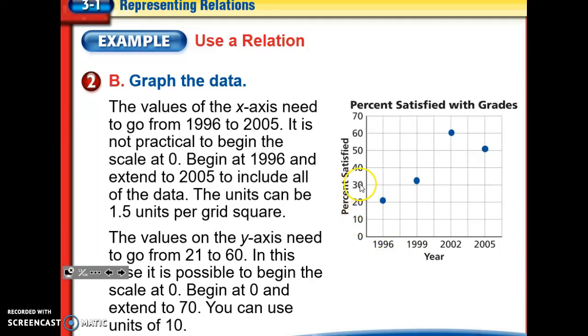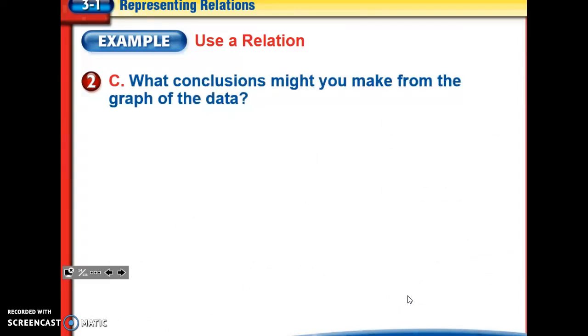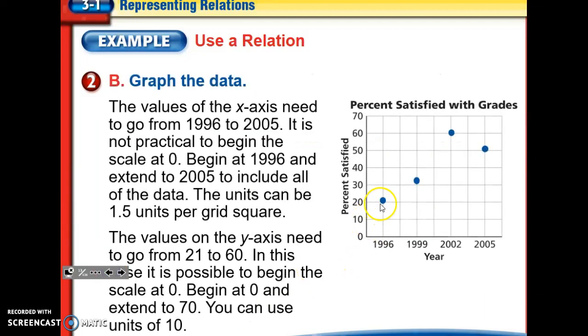We went up by tens on the percent side and by threes on the year. What conclusions could we make from that data? That our satisfaction increased from 1996 to 2002, but then decreased from 2002 to 2005. So just going back, interpreting that graph, we have an increase and then a decrease.